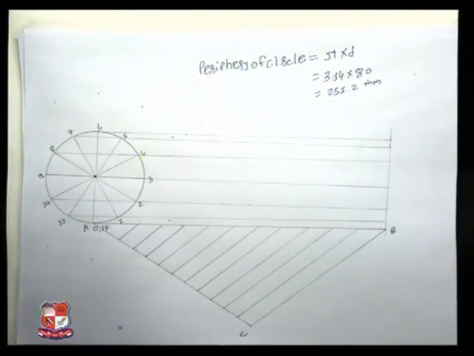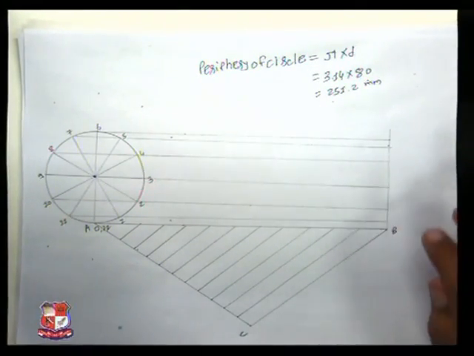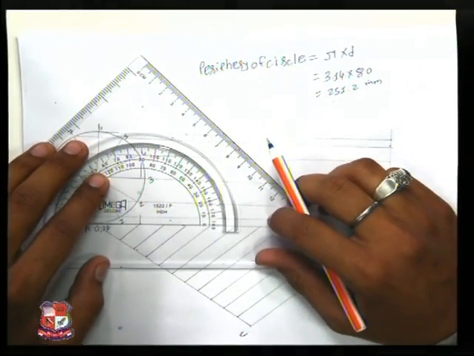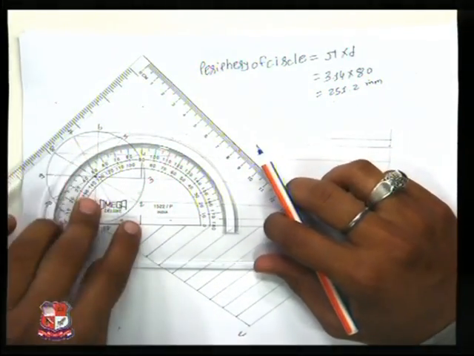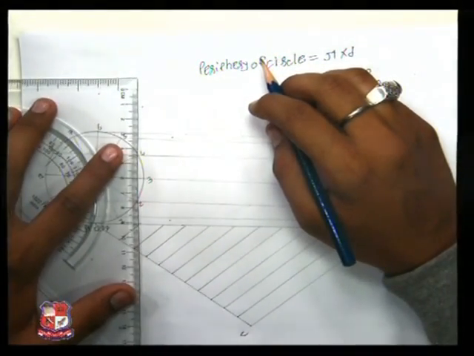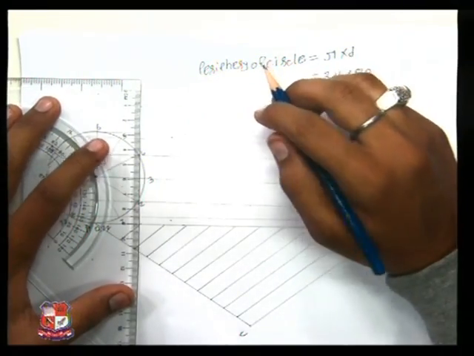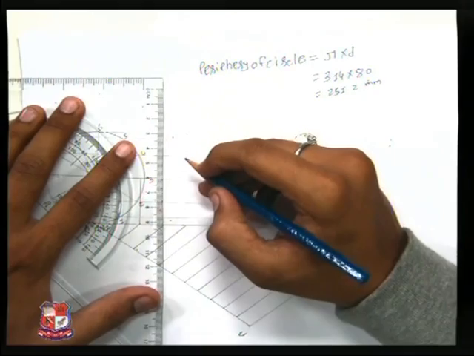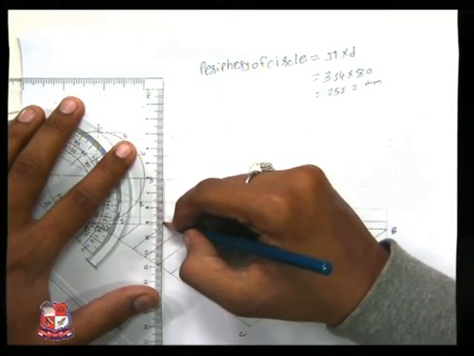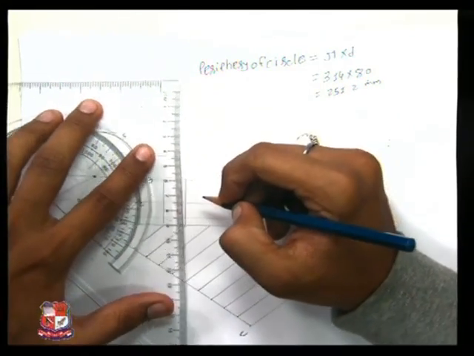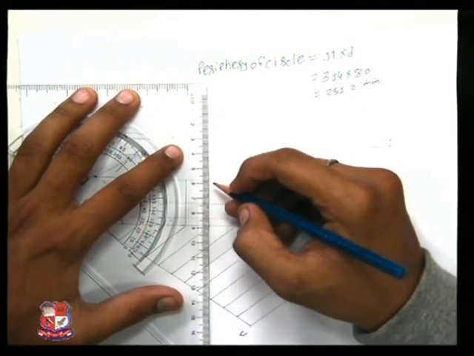Now from each division, draw a perpendicular line. I am drawing perpendicular lines directly till the center line.